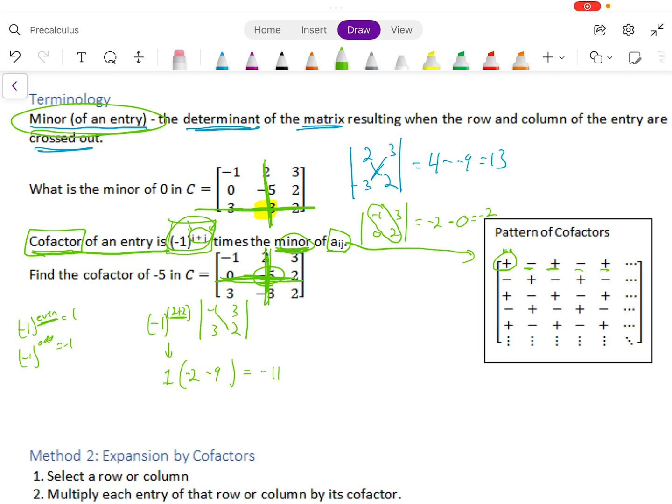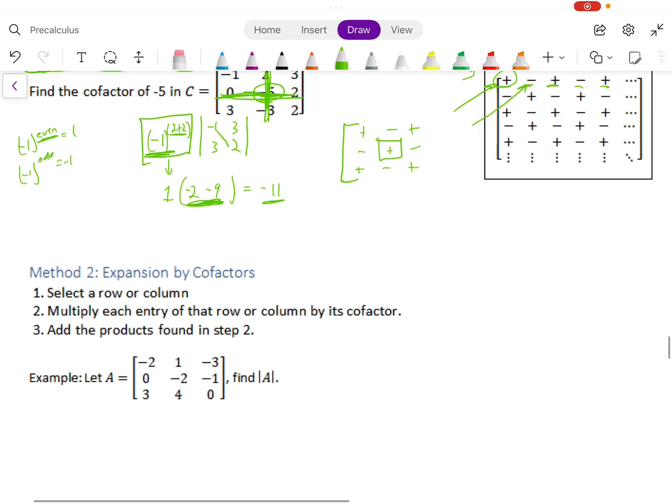Another way to think of it is whether it's going to stay the same sign. So basically a positive means keep the sign, negative means change the sign. So we could have looked at this and seen that a positive means keep the sign, and so it was -11, and we kept it as -11. All right, so those are a few terms.